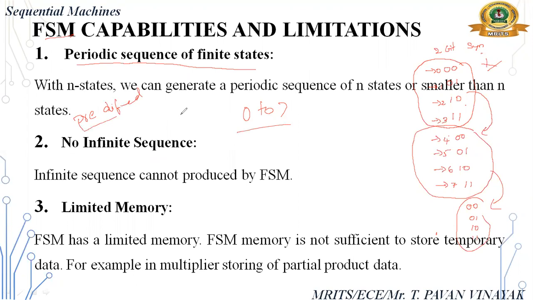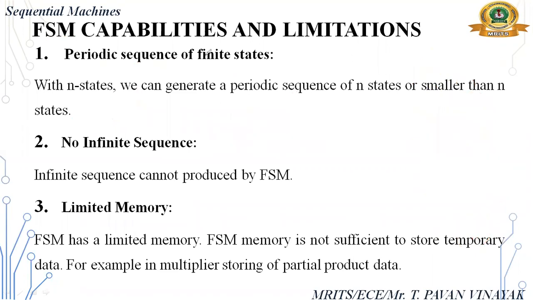It is already defined, meaning it is already designed. We are using it. So I gave you a 2-bit synchronous counter and I am asking to get the count up to 7. Is it possible? It is not possible, because the available memory is limited. It is the limitation of FSM.